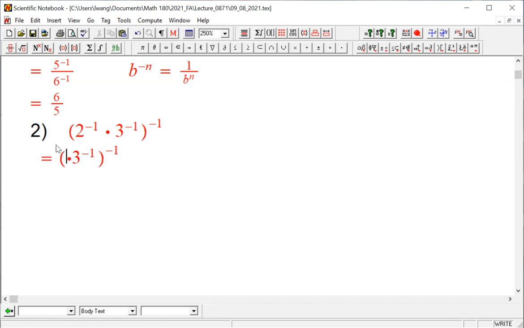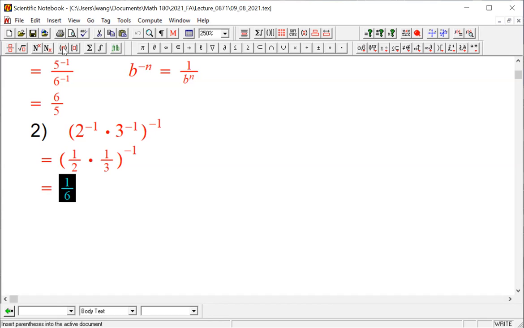The first way I want to show you, you can do 1 over 2 times 1 over 3. This is a multiplication of 2 fractions, so 1/2 will multiply 1/3. That's going to be 1 over 6.